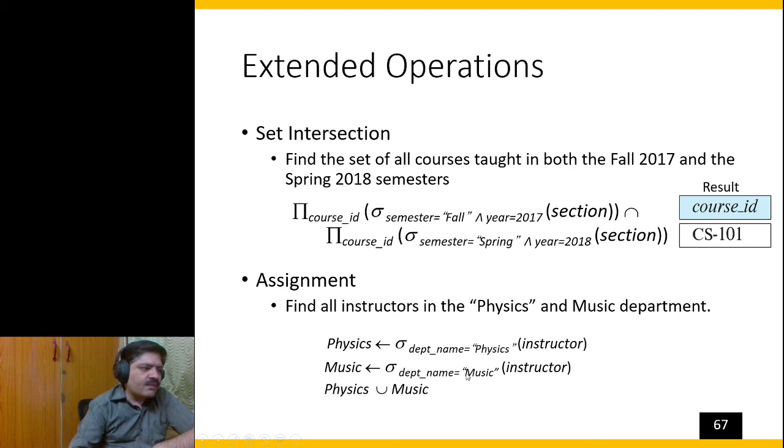Similarly, I have all the music instructors, and if I'm interested in finding all physics or music instructors, I could simply do a physics union music here. So even though I have to write multiple lines, this makes writing and reading the expressions much simpler.